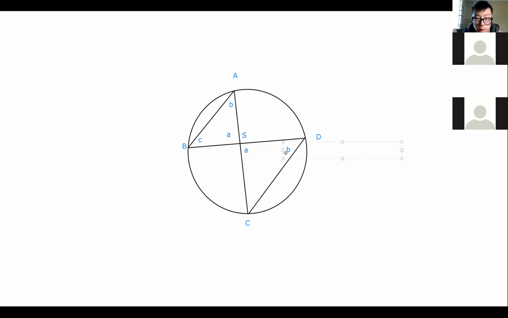We have BAC, and that angle is equal to B. Because of the inscribed angle theorem, BDC must also equal BAC, which is equal to B. Similarly, if you use A and D as your anchor points and draw line segments to B and C, you can also prove that angle ACD is equal to C.